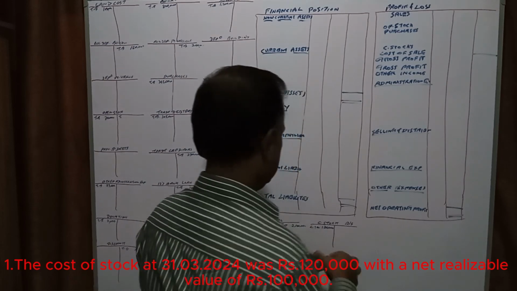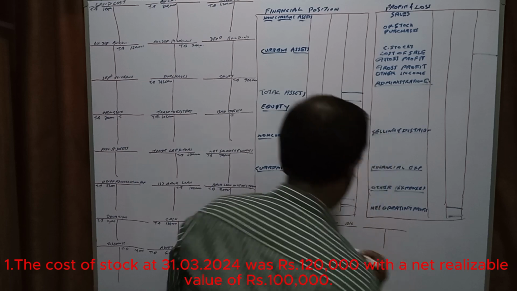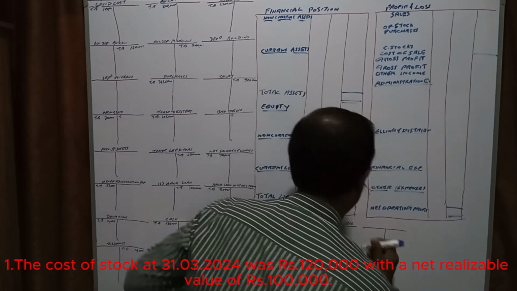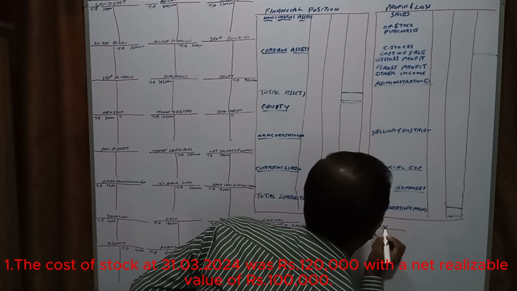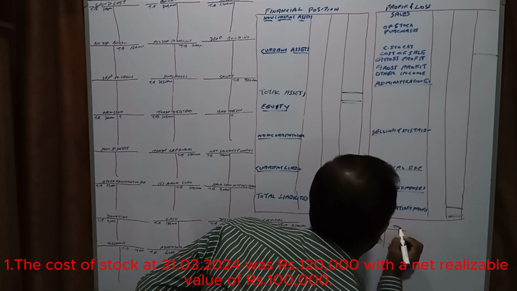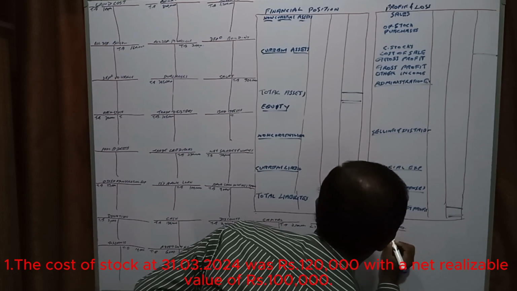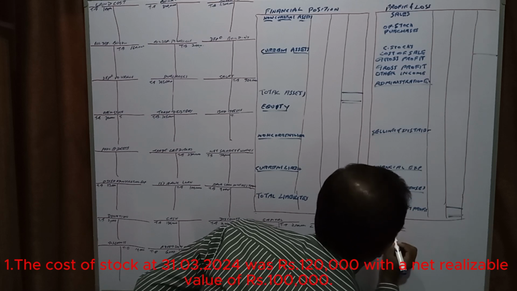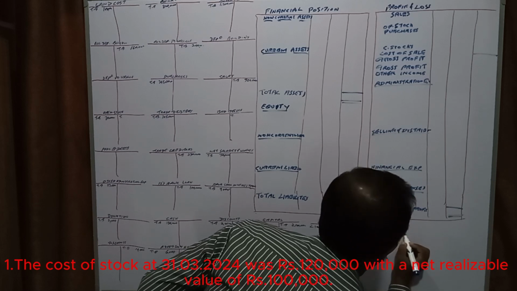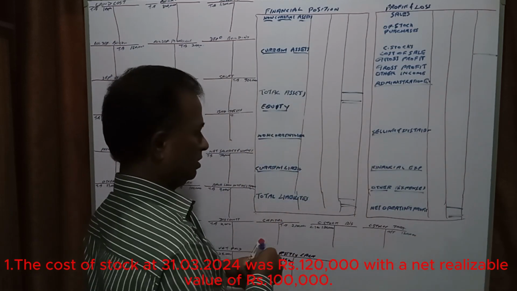Another closing stock entry is for the trading account. So closing stock in the balance sheet is 120,000.